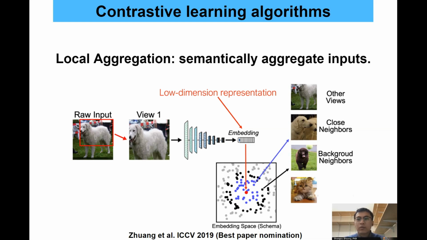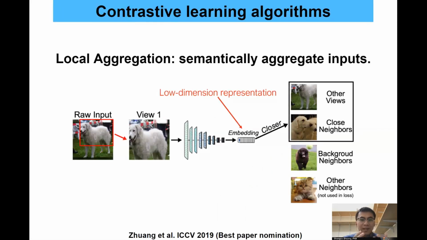And the black dots represent background neighbors that are similar but not that similar, while the gray dots represent other neighbors. This algorithm will then try to aggregate the representations of the current input and the other views, including the close neighbors, and also separate it from the background neighbors, while other neighbors will not be used.